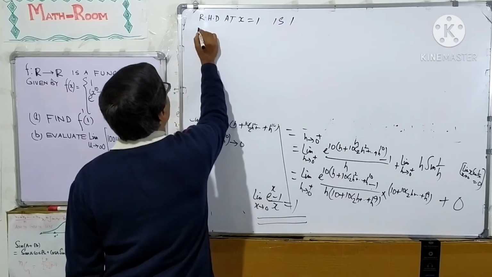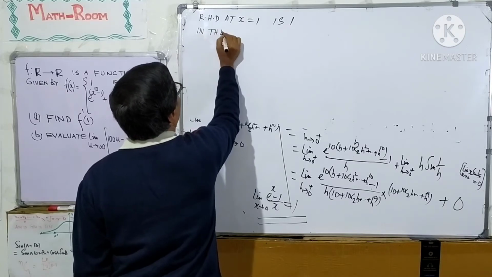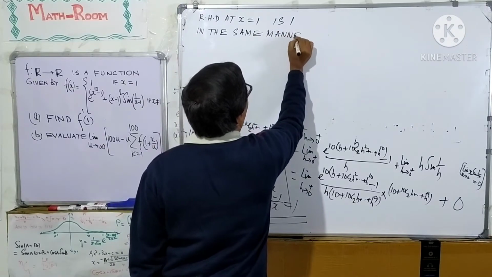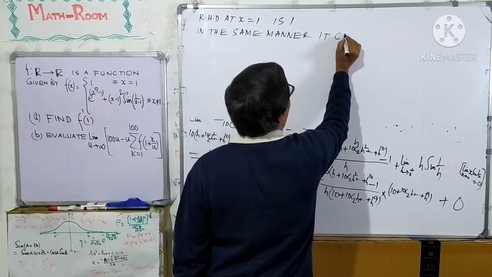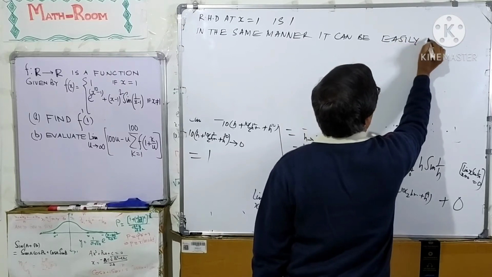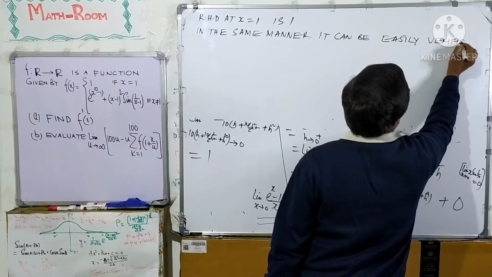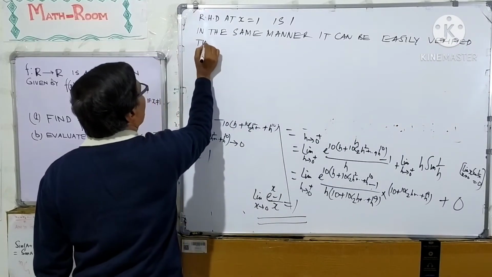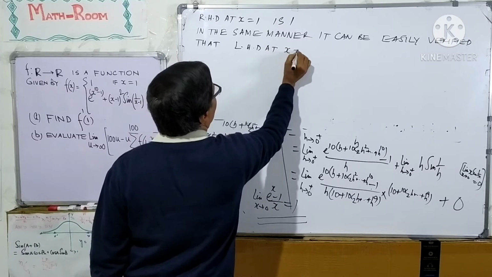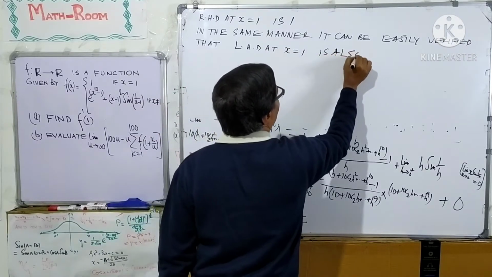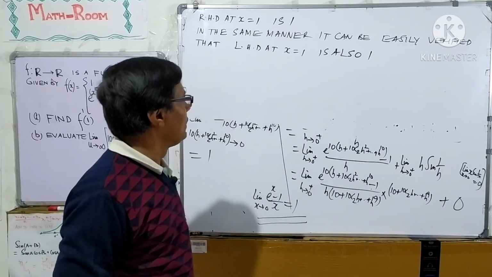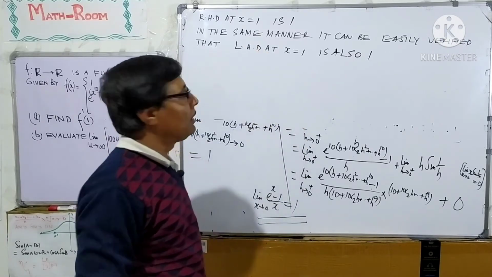In the same manner, it can be easily verified that the left hand derivative at x equal to 1 is also 1, because the expression in the right hand derivative is the same as in the left hand derivative.